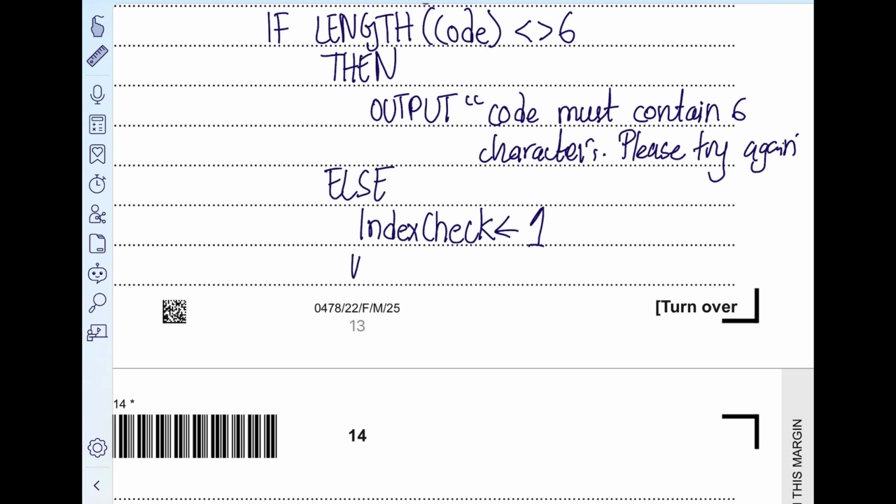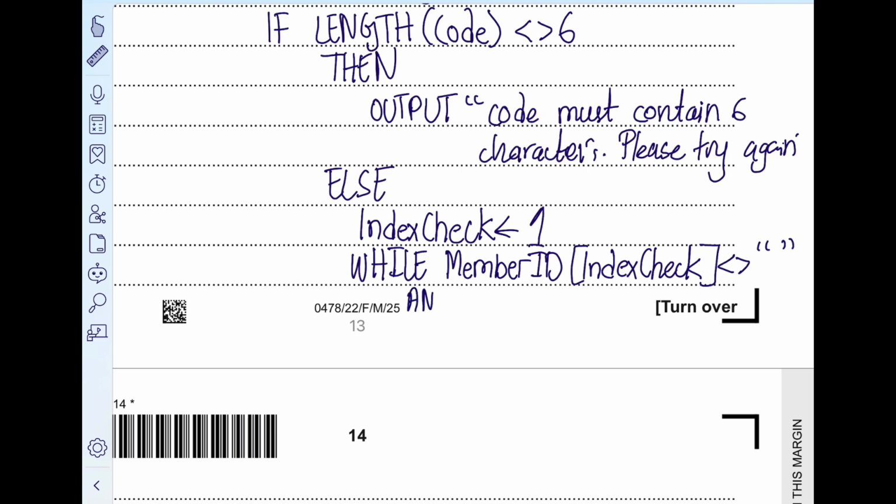So I'm going to have a while loop: while the member ID, which is an array that has already been declared, of index check is not empty, and not used, do.